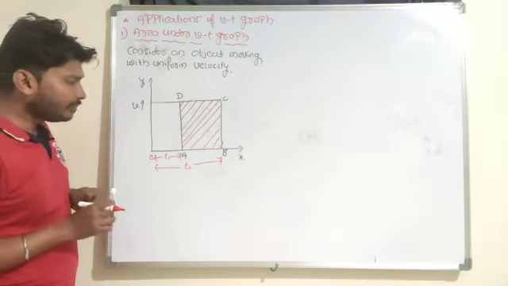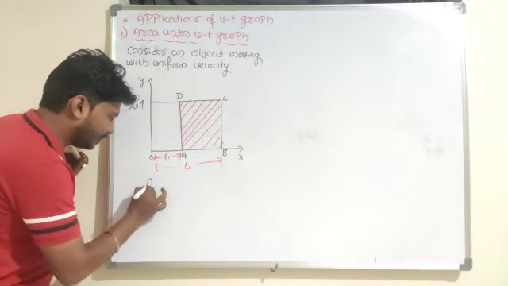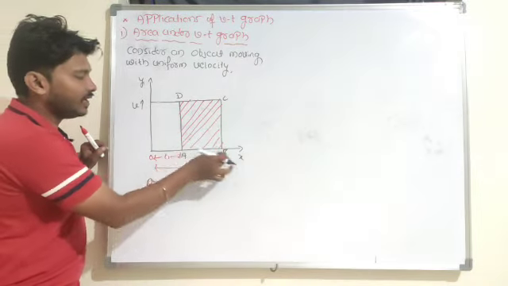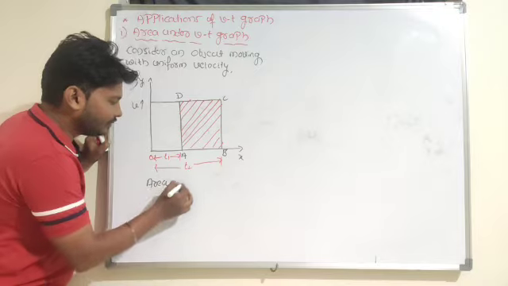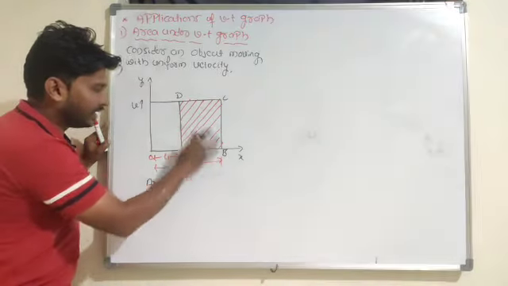Now I will find the area under the velocity time graph. The area under ABCD is a rectangle. What is the formula for the area of a rectangle? Length into breadth.